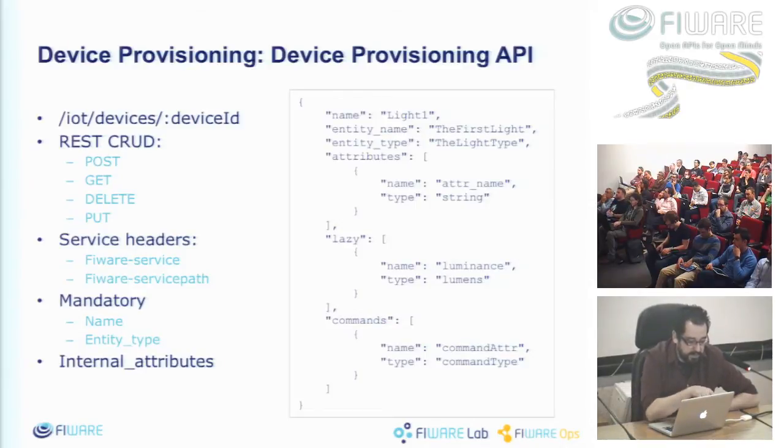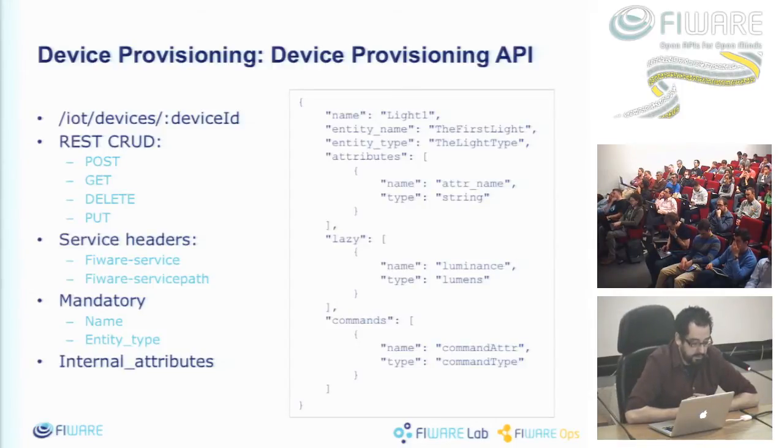In the first line you can see the path of the API, and it provides the typical operations: creation, retrieval, removal, and modification. All of these operations have the same payload. The same thing you post to create a device will be the information you will get with a GET on that device ID URL.